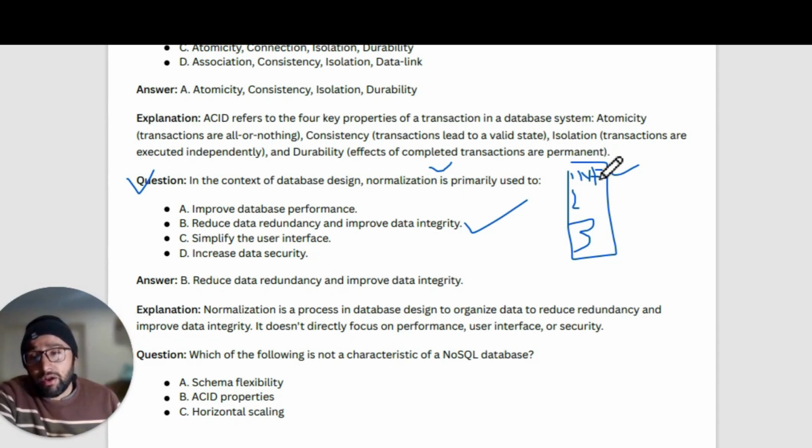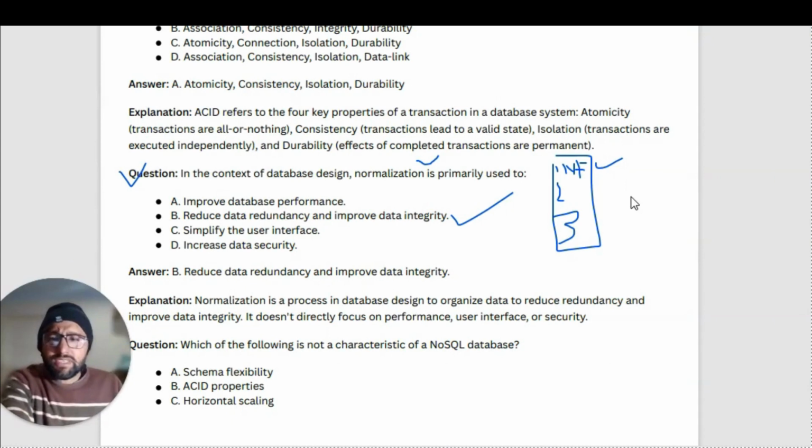So how we would achieve the first normal form is we will make separate rows, and our columns should contain a unique, single value. So in the second normal form, what it does is it ensures that all non-key attributes are fully dependent on the primary key.